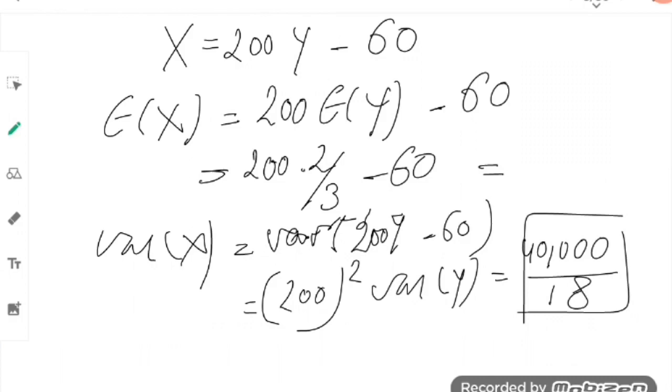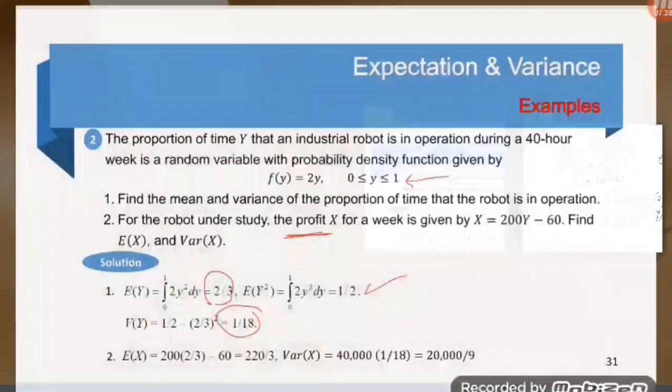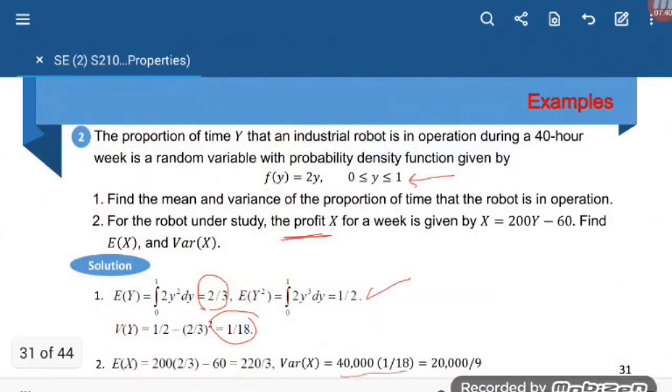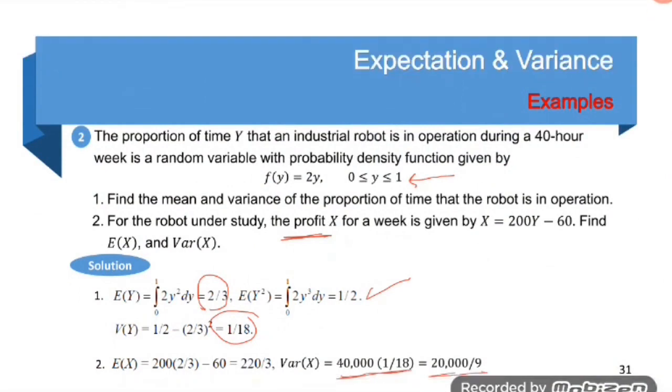Now move to find the final answer. Yes, here we have 40,000 divided by 18, which is 20,000 divided by 9, and here we have 220 divided by 3. This is the expected value of x.